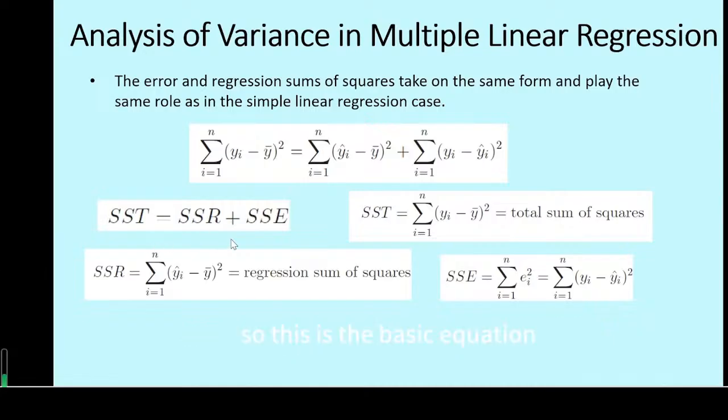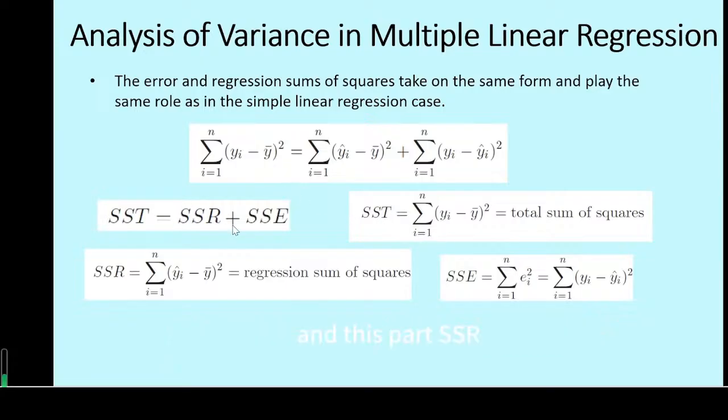So this is the basic equation: SST equals SSR plus SSE. This part is called SST, which is the sum of the squares of the differences between the y values and the mean of the y values. So this is the total variation of y.